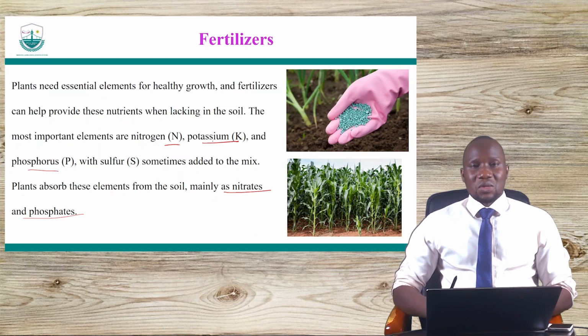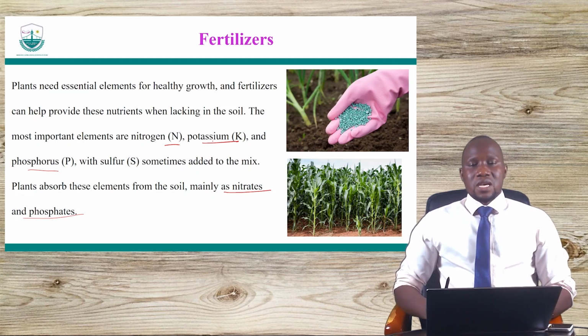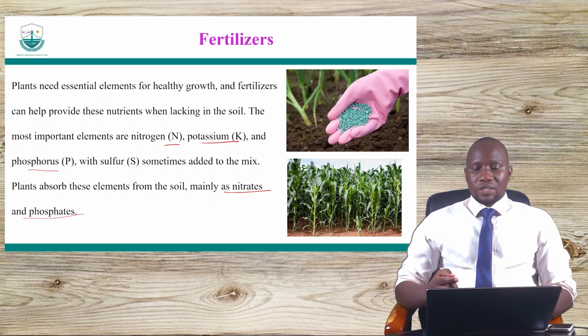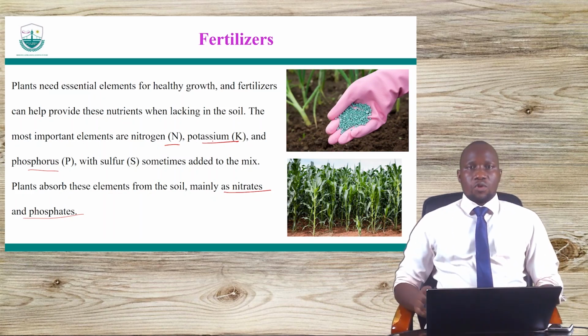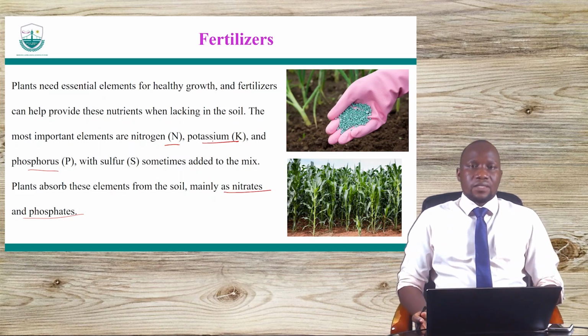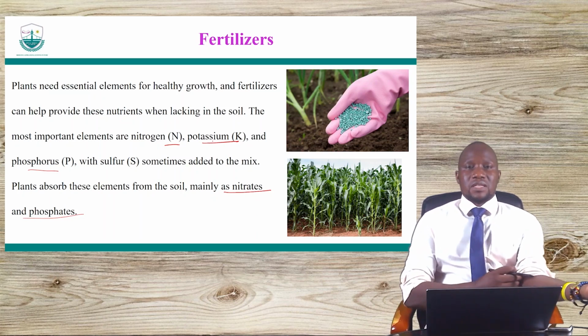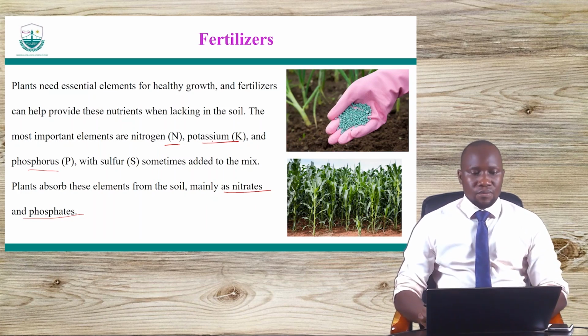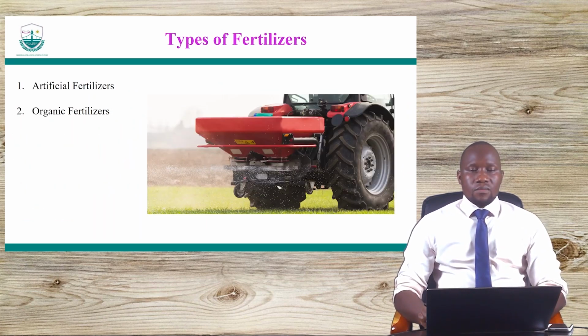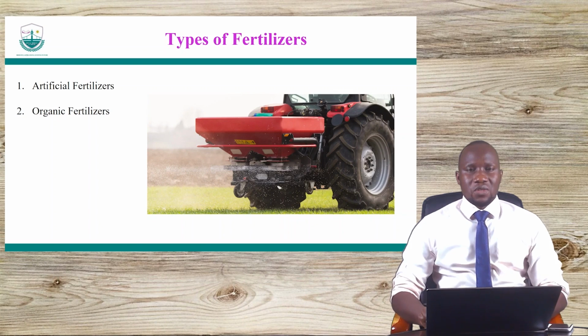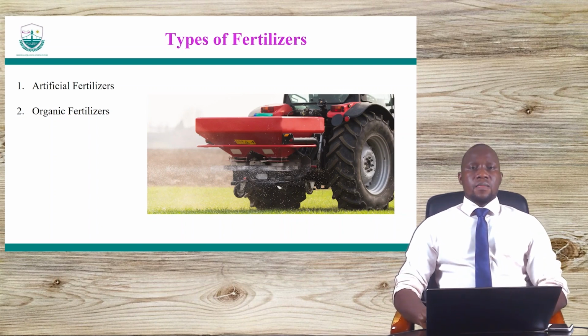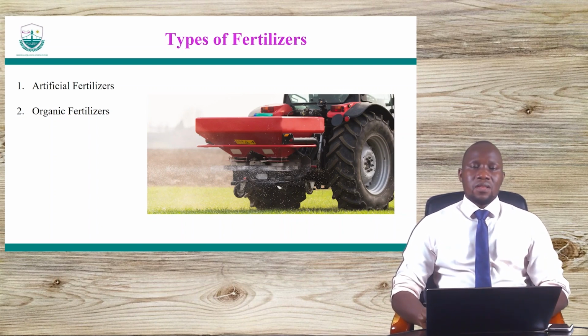The phosphorus is also obtained by these crops as phosphates. Okay, so those are the forms that the plants need to be able to use these nutrients. Okay, so these nutrients can be availed to these crops as fertilizers.